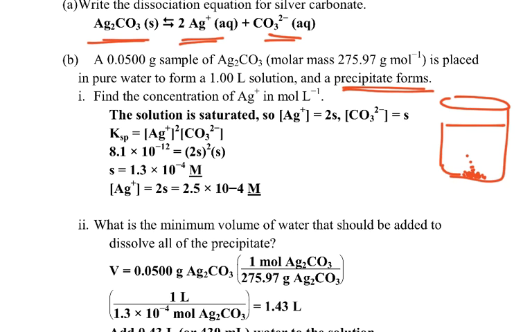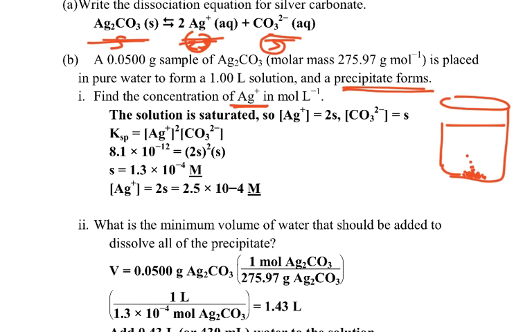So if I had a saturated solution and I wanted to find out what is the concentration of silver, well, we know the way this breaks up, if S of this breaks up, I'm going to get 2S of my silver, and I'm going to get S of my carbonate. So I want to find out what's the solubility and take 2S, and that'll be my answer.